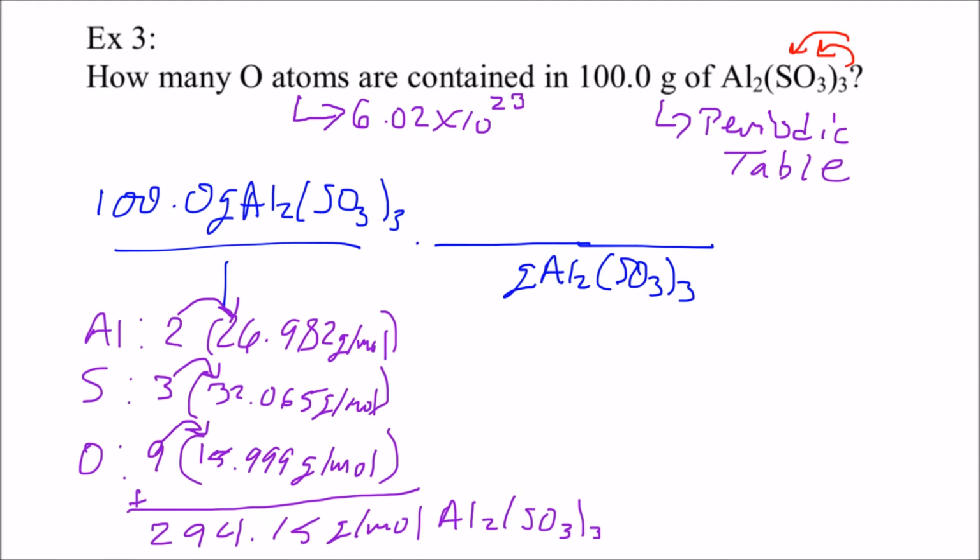The way to read this, we have 294.15 grams of this stuff is equal to 1 mole of this stuff. I want to talk to you for a second about this grams per mole. Let's say that you go to the gas station and they're selling gas for $3.15 per gallon.